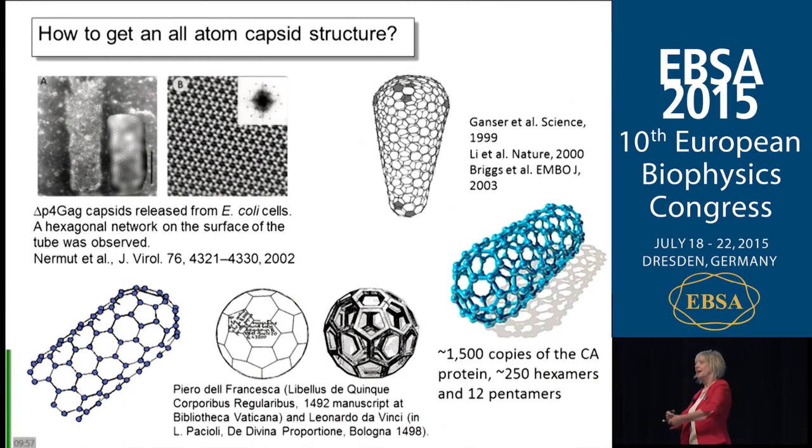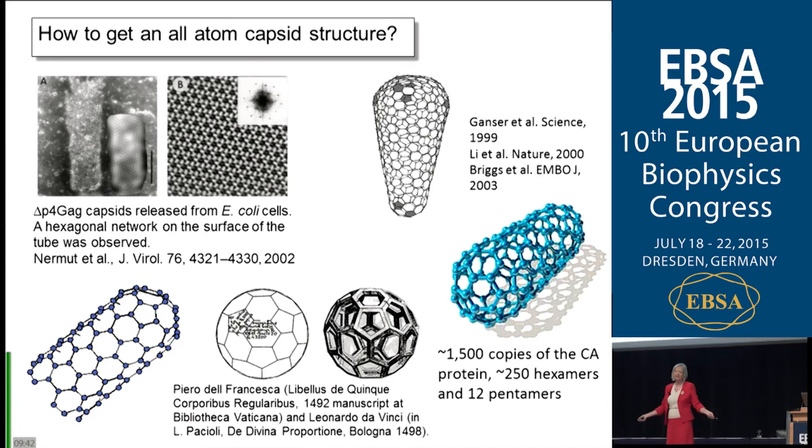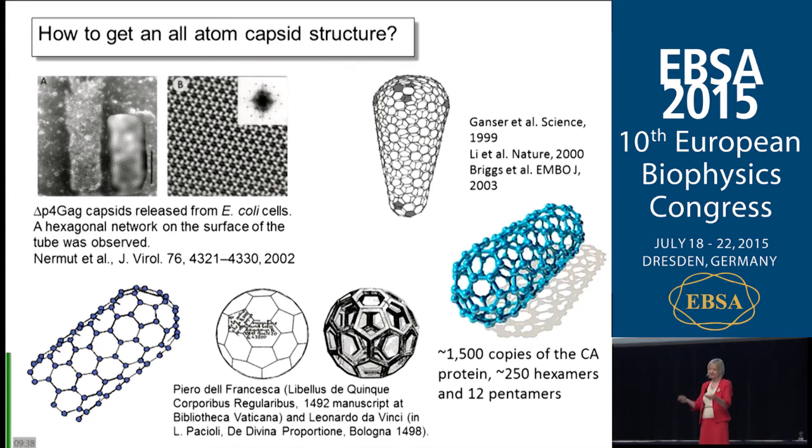Again, now we have some in vitro assembled capsid, but what we really want to look at is what the conical core really looks like. And for those of you who are well versed in geometry, you know that if you have a hexameric lattice, you can never have a closed shell. You have to have pentamers to make an enclosed ovoid.